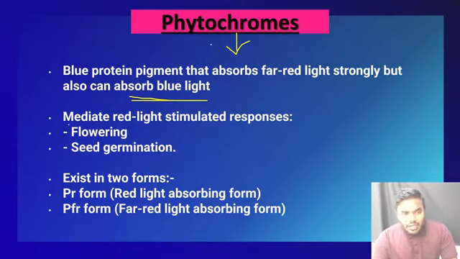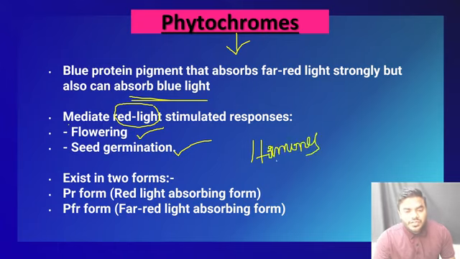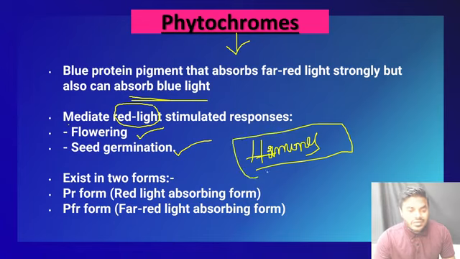So what is the ultimate function of the phytochrome? In the presence of red light, phytochrome, listen to me carefully, is exclusively responsible for flowering, exclusively responsible for seed germination. Now you will get a doubt: sir, we read in plant hormones that hormones are the ones responsible for flowering and seed germination.